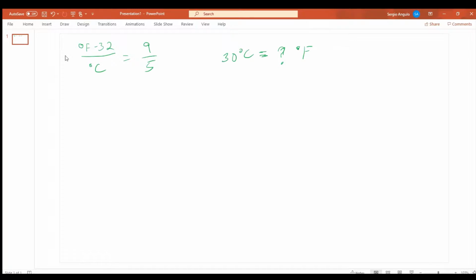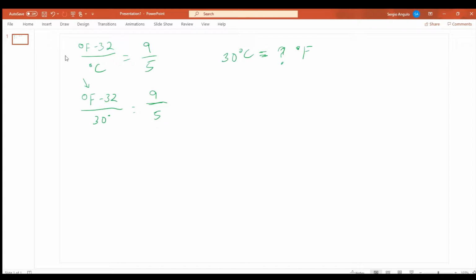So let's do that. I'm going to go degrees Fahrenheit minus 32 all over 30 degrees Celsius is equal to 9 divided by 5. All I did was plug in the 30 for the degrees Celsius. Now all I have to do is solve for the degrees Fahrenheit. It's the only variable left.